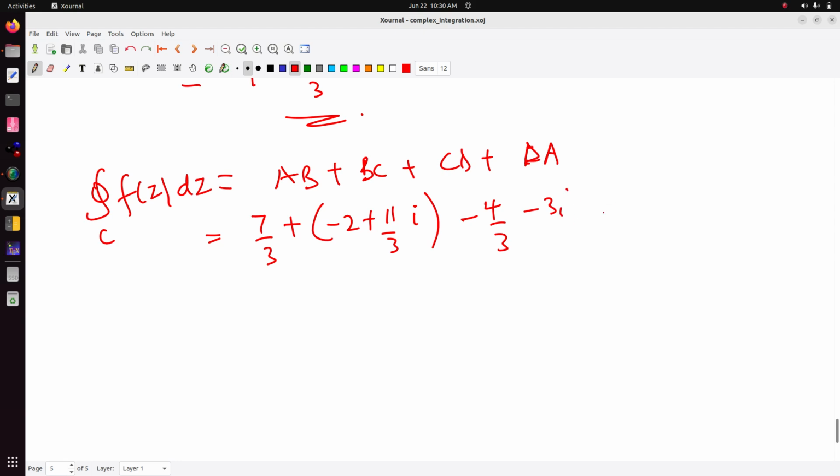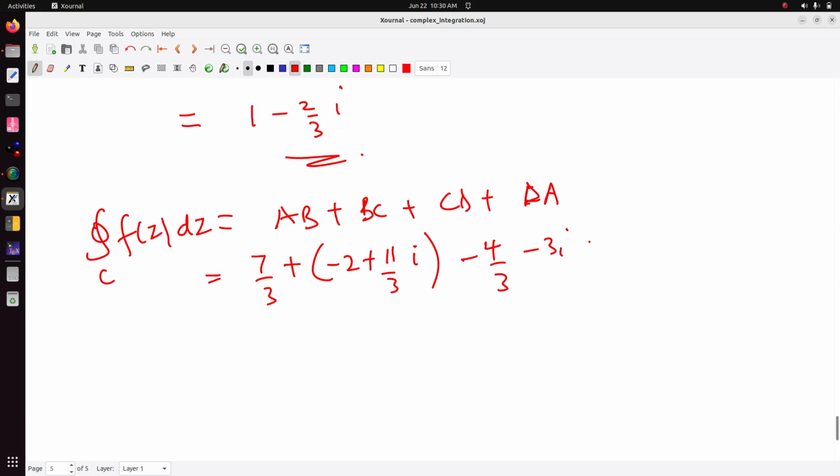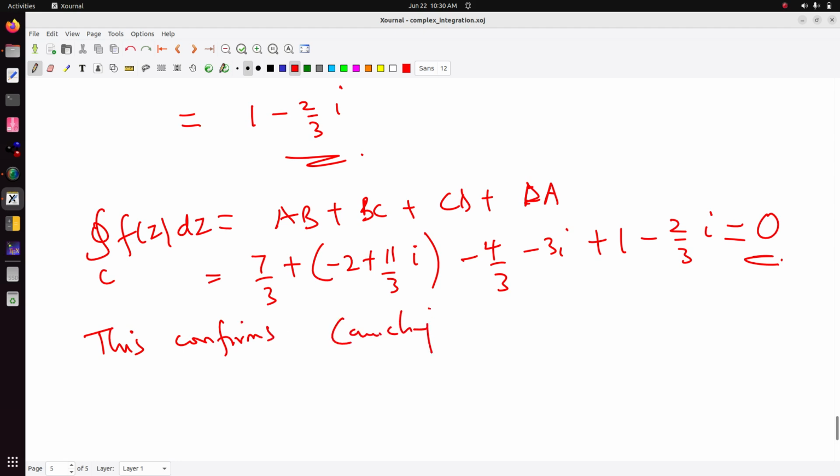Then the last term, which is plus 1 minus 2 over 3 i. And if you add this, you're going to get 0. So this confirms Cauchy's theorem.